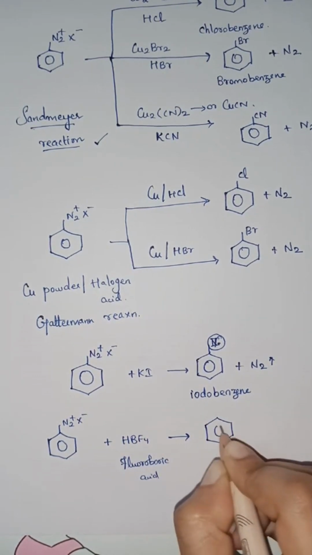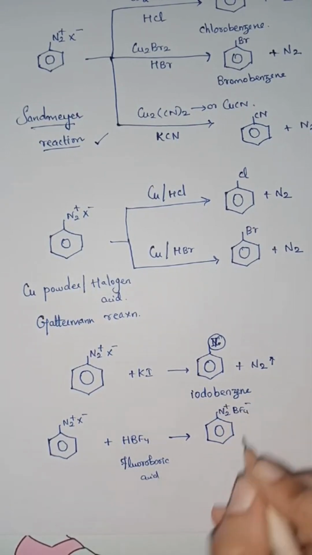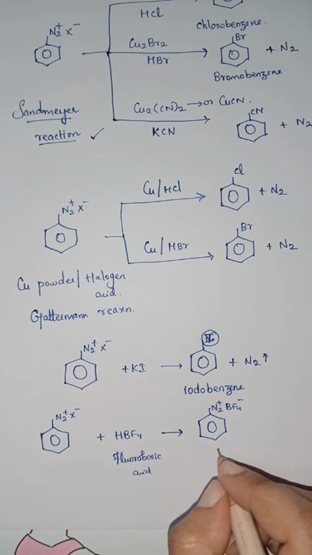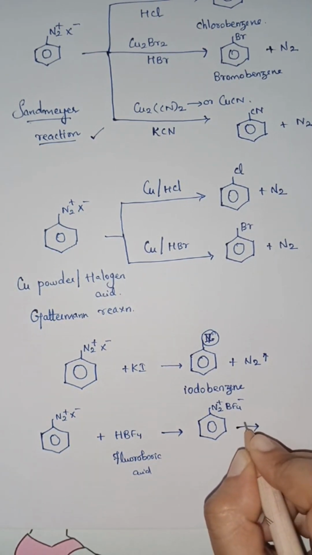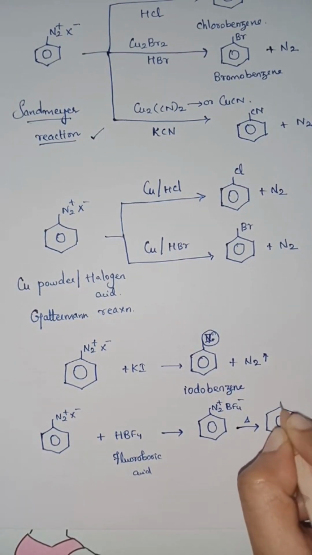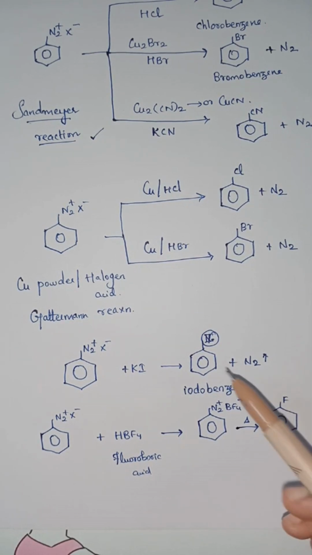Benzene diazonium fluoroborate, C6H5N2+ BF4-. What is the nature of fluoroborate? They are stable at room temperature. Unlike other benzene diazonium salts, it is not soluble in water. When we heat this, what happens? We can get fluorobenzene along with N2 gas. So using this method we can prepare fluorobenzene, iodobenzene, chlorobenzene, bromobenzene.